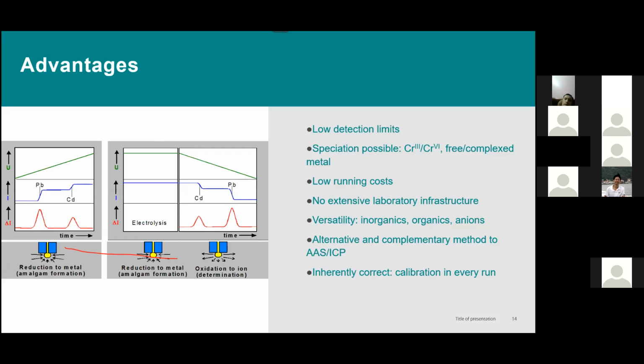So this method has many advantages. For example, this method can reach the lowest detection limit. The second advantage is that it can distinguish some types of the ion, for example chromium 3 and chromium 6, or arsenic 3 and arsenic 5.